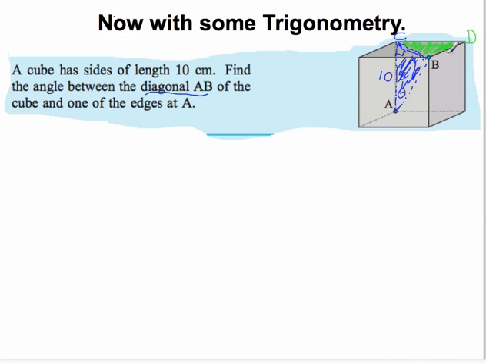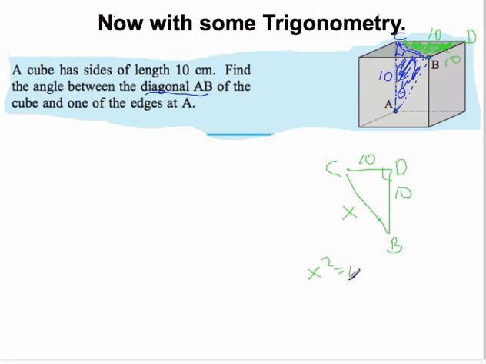And that's a right angle, right? So we have this triangle C, B, D. I know the side lengths of the cube are 10, so this is 10 and 10, and this is a right angle. So we can use trigonometry to find this. I'm going to call this x, and let's solve for x.